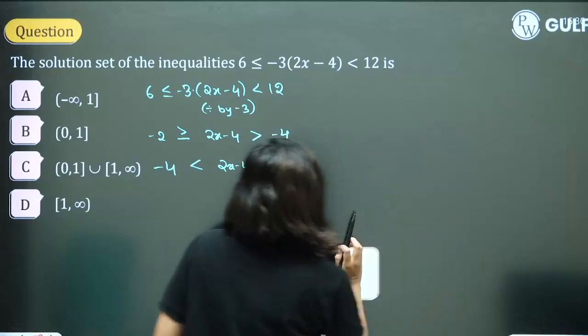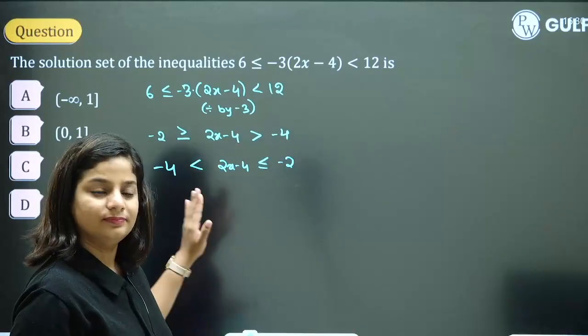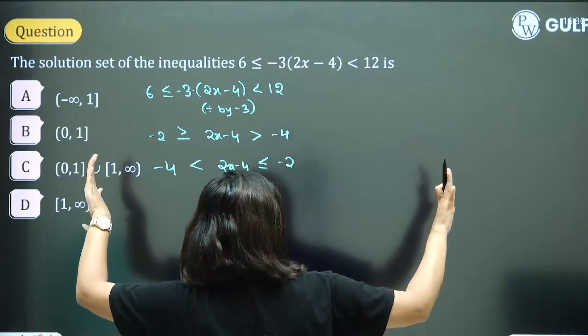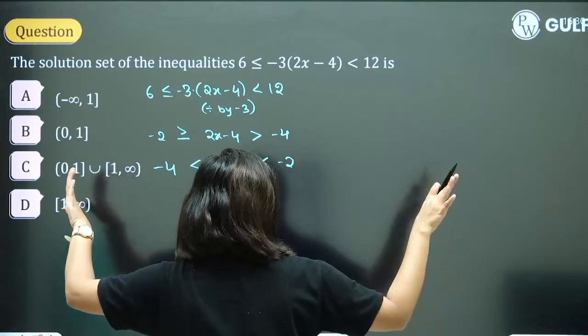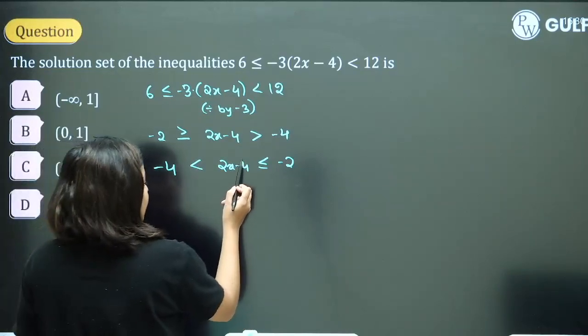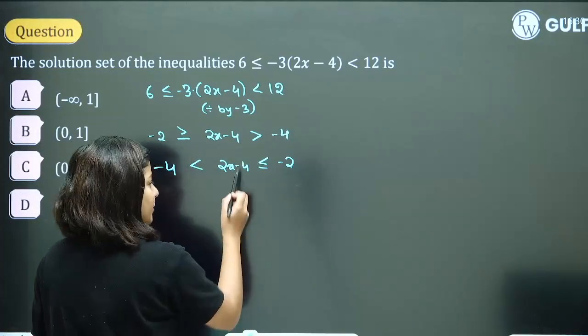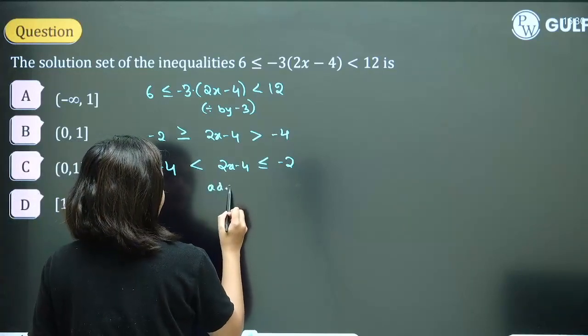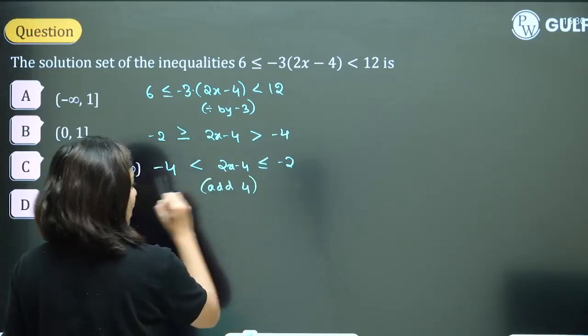Can you see? The same thing I've written down. The smaller number here and the bigger number here. Minus 4 is smaller, minus 2 is bigger. Isn't it? Left term is always smaller. Now this minus 4 is not needed. To remove it, add 4 throughout.